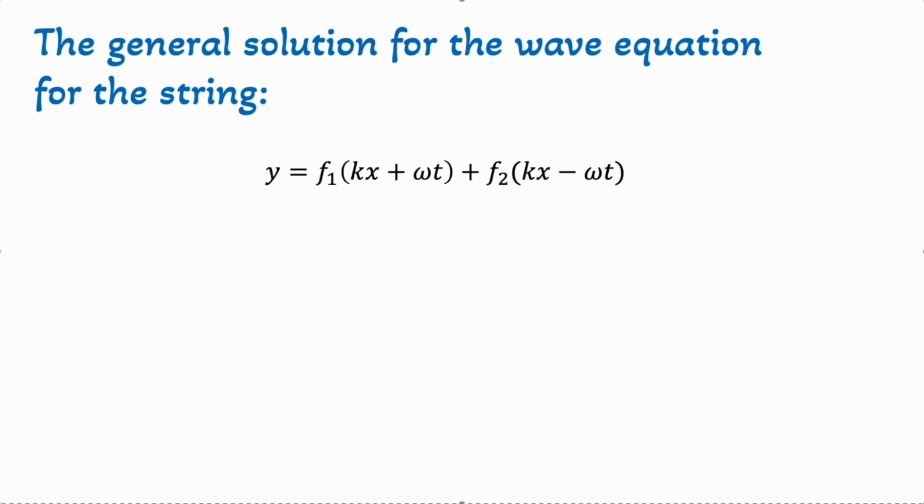Now I don't have constants a and b in front of those because those could be absorbed into our definition of f1 and f2. So if f1 was sine of kx plus omega t, well, we could always make f1 be equal to 2 sine of kx plus omega t, for example. So we don't need to worry about writing constants separately. This is general. All right, it's kind of too general.